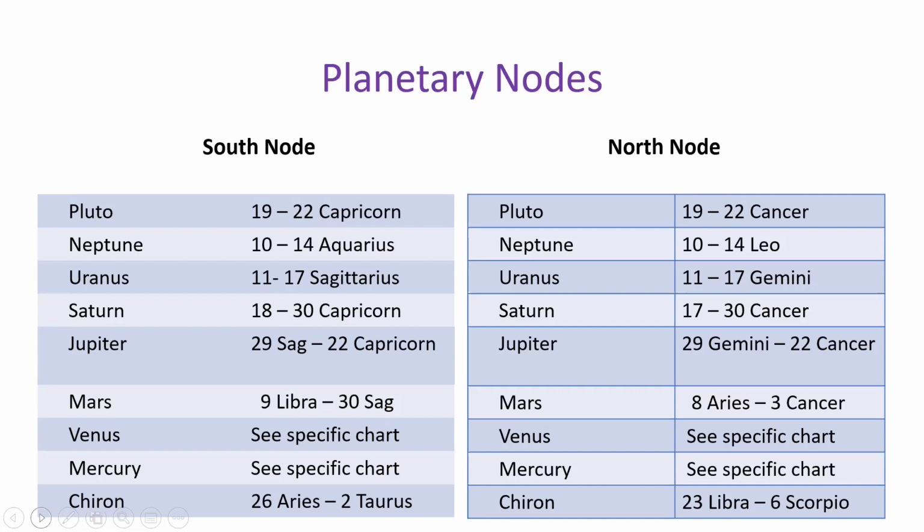We all have exposure to the collective. The south node of Pluto corresponds to the soul and the evolution of the soul, and Pluto's nodes here really simply represent that.